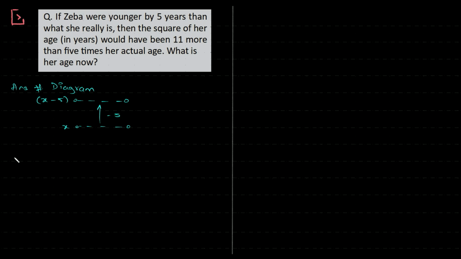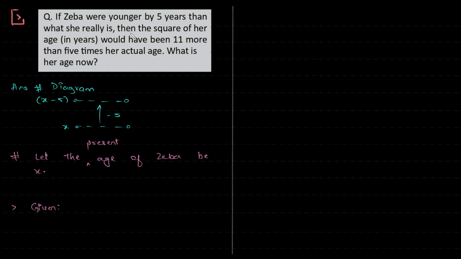So we'll start off with: let the present age of Ziva be x. What are we looking at? Younger by 5 years, which means 5 years back.